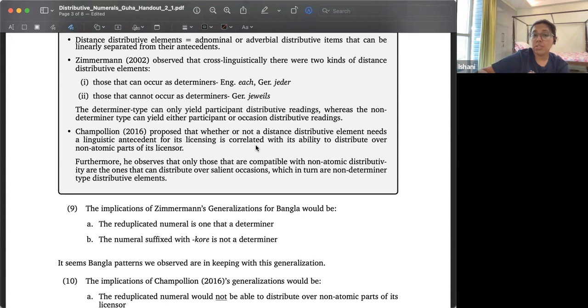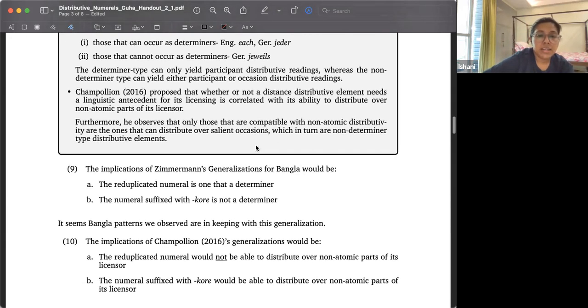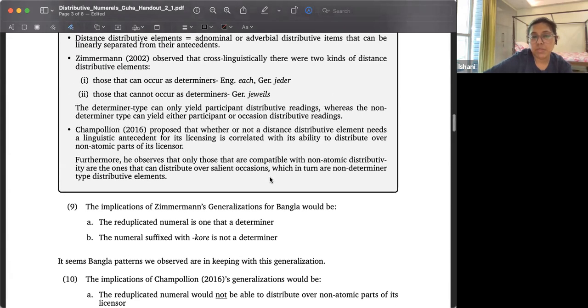What Zimmermann observes for the languages he has studied in his thesis can be extended to the patterns we observed above for the difference between reduplicated and Kore-marked forms. I think one can comfortably say that the reduplicated form probably retains a determiner kind of structure, and the numeral suffixed with Kore is not a modification structure.